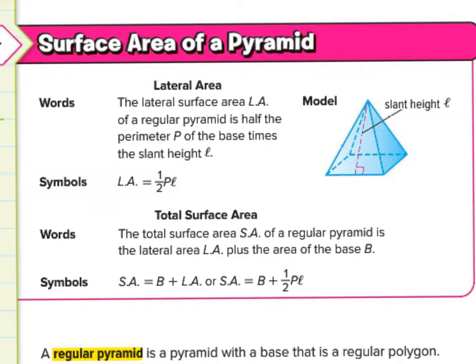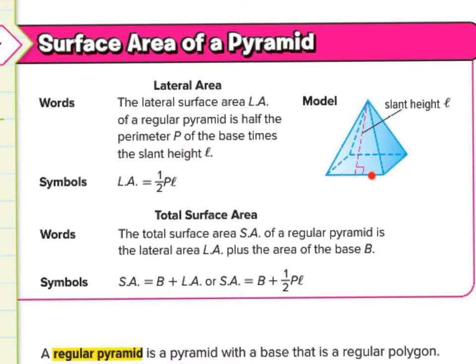Let's look at the key concept for this lesson, the surface area of a pyramid. So let's look at the words. Lateral area. The lateral surface area, or LA, of a regular pyramid is half the perimeter of the base, okay? Half the perimeter of the base times the slant height. It's essentially the same as a triangle, right?